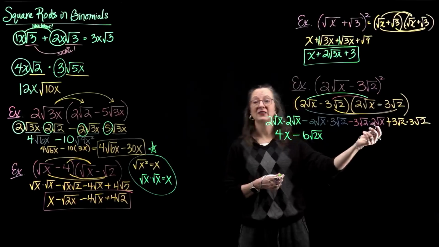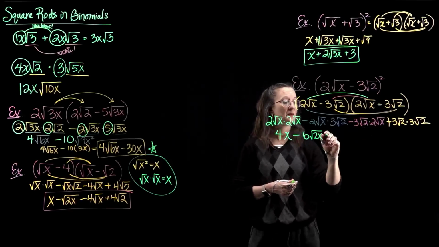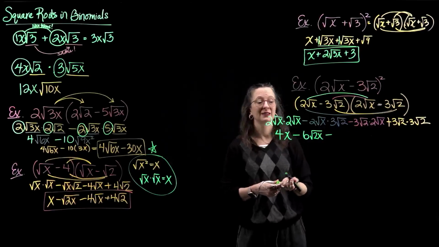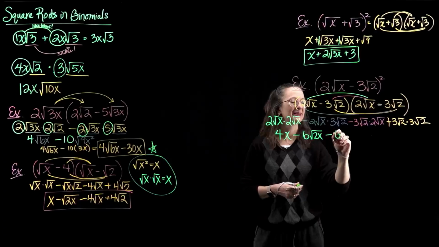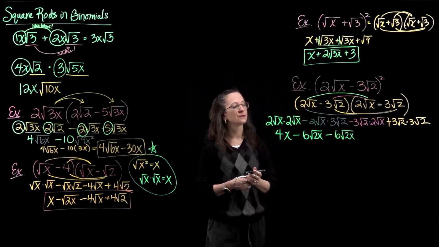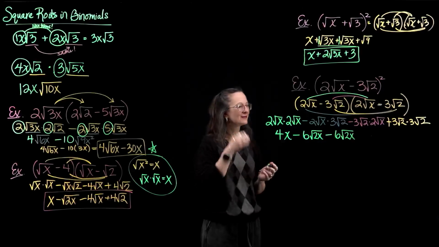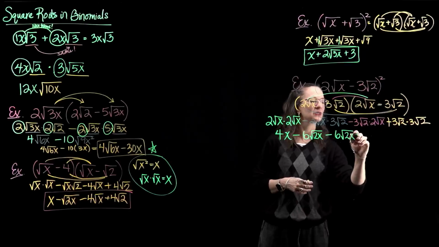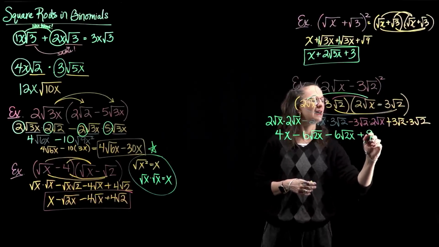Moving over to the next one, I'm going to keep the negative here. Multiplying the outsides together, 3 times 2 gives me 6. Square root of 2 times square root of x gives me square root of 2x. Hey, those look familiar. And then finally, on the end, I have 3 times 3 gives me 9.